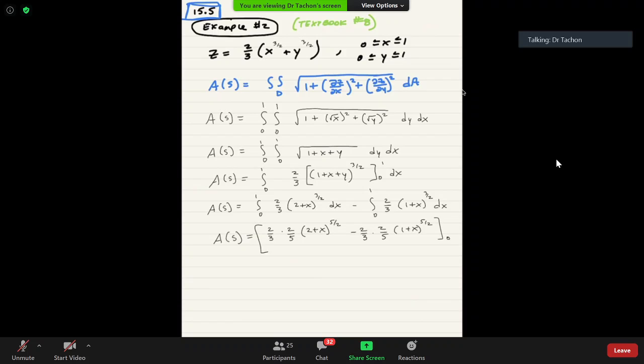We evaluate it from 0 to 1. Plug in the upper bound. So it's 4/15. Plug in the upper bound 1, so you get 3 to the 5/2 minus 4/15 times 2 to the 5/2.